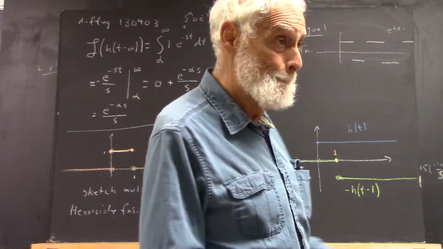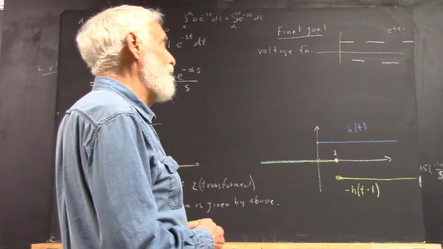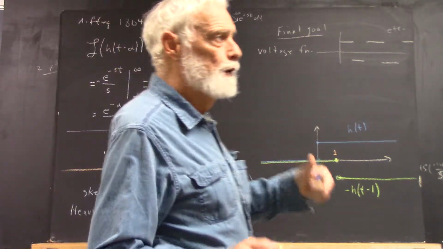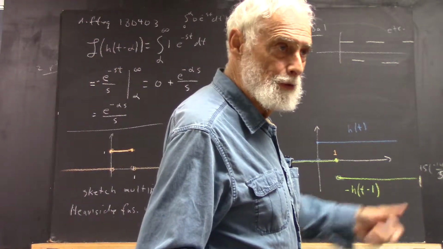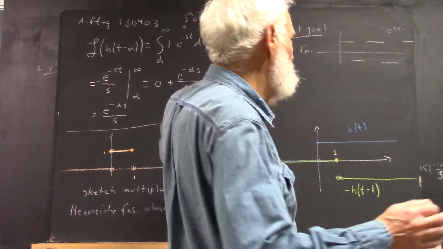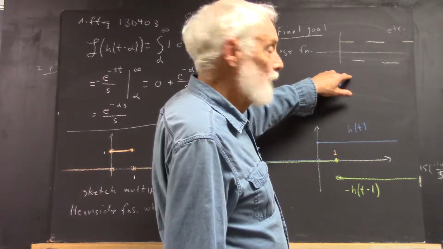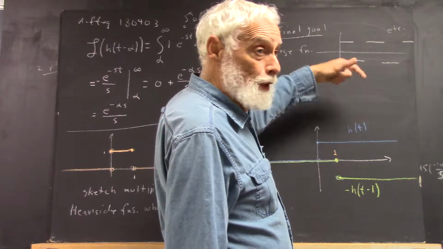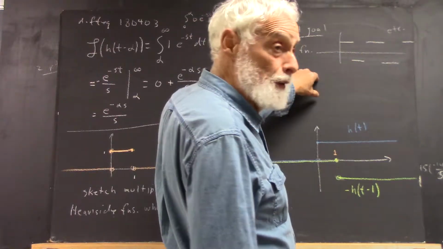Now, you could work out the ultimate solution, but you wouldn't have a good transient solution. You wouldn't know exactly when things happen. So that's just background with what you've seen in physics.